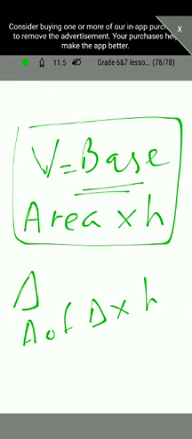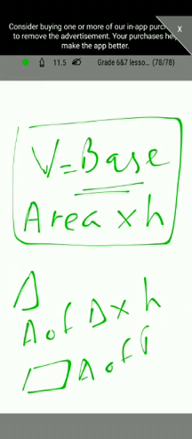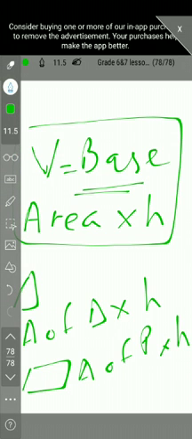If it's a triangular one, you first find the area of the triangle and then multiply by its height. If it's a parallelogram base, you first find the area of the parallelogram, then multiply by its height. And if it's trapezium based, you first find the area of the trapezium, then multiply by its height. So you are going to get the volume of all the prisms in this way.